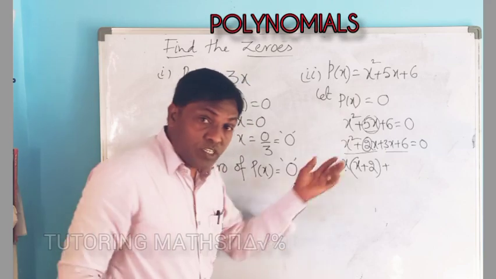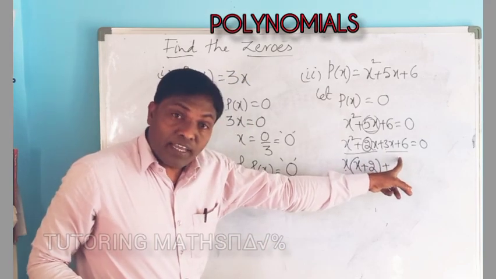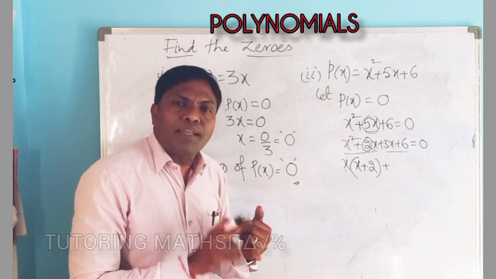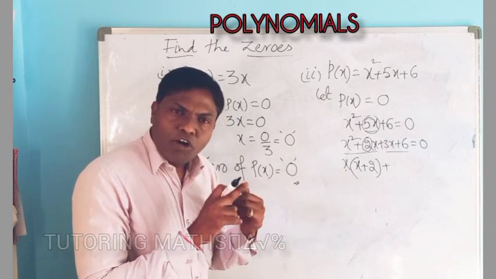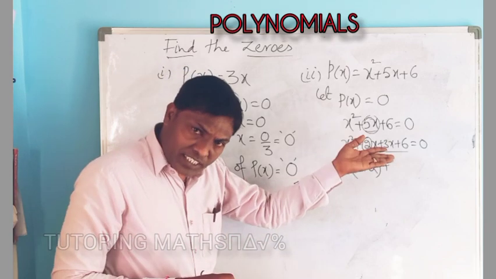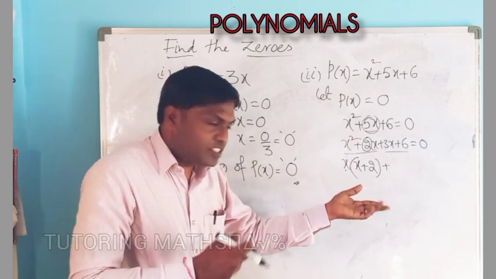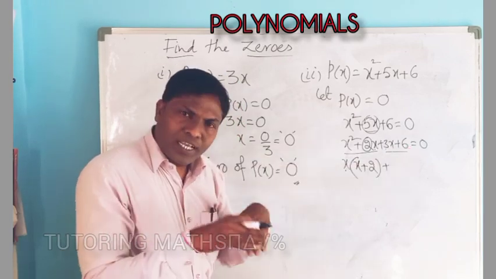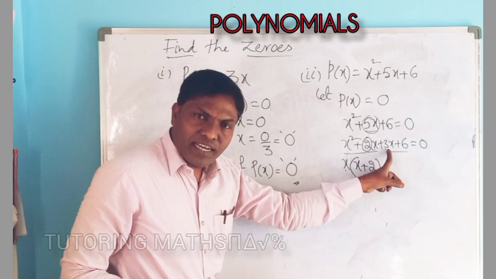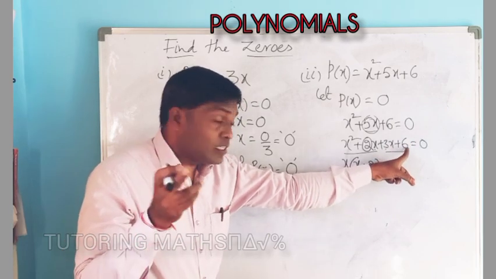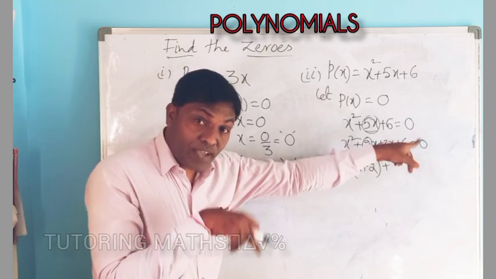Then go to the second part. Check what is the common variable or common constant. Here x is the variable, but x is not repeated, so x is not common. Now 3 is a constant number. Here 6 is there, but 6 is a multiple of 3, so 3 is a factor of 6.